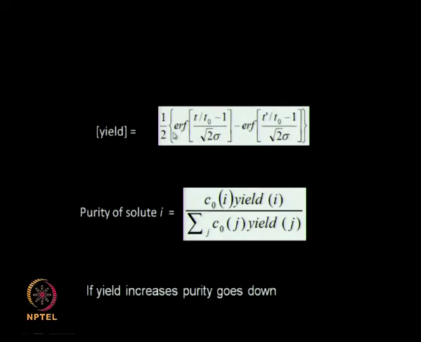So it is like a saturation type of curve. There are tables available which give you the value of error function x for a given x. So if I know the x, immediately I can calculate erf(x), then I can substitute here and calculate the yield.